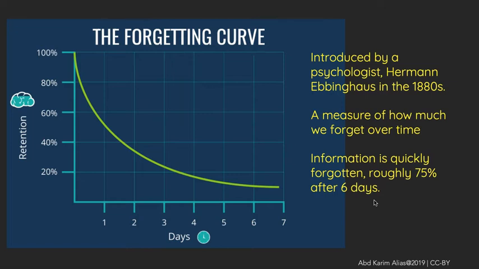In his experiments, he discovered that without any reinforcement or connections to prior knowledge, information is quickly forgotten. Roughly 56% in 1 hour, 66% after 1 day, and 75% after 6 days. So that's quite significant and quite substantial.